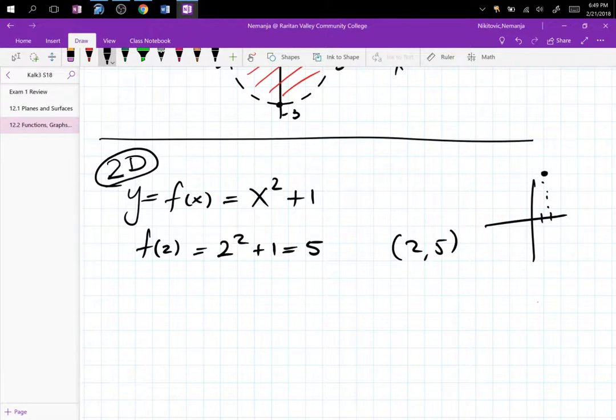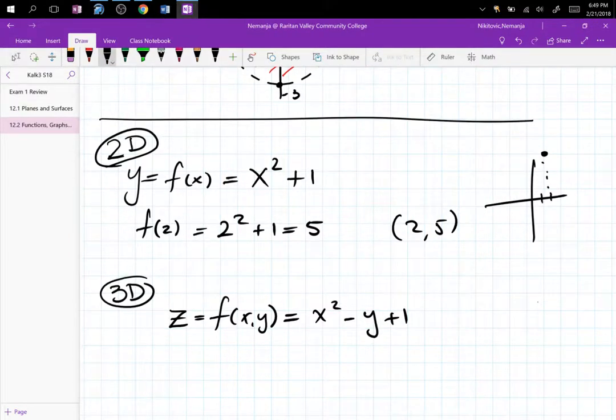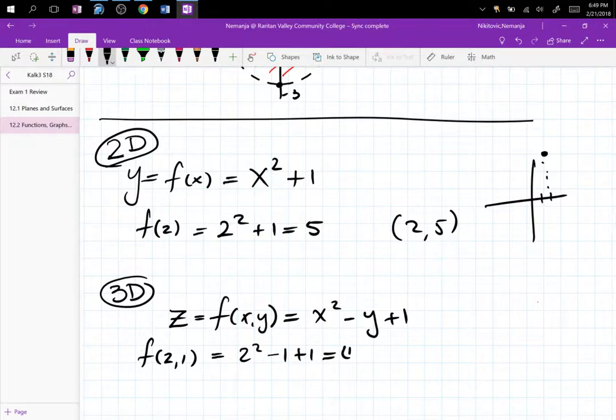Now in calc 3, we're just going to bump it up a dimension. So Z is going to be f of xy. You have a two-dimensional input now, and you might have your x squared minus y plus 1. There you go. So now your f of, let's say 2, 1, is going to be 2 squared minus 1 plus 1 is 4.